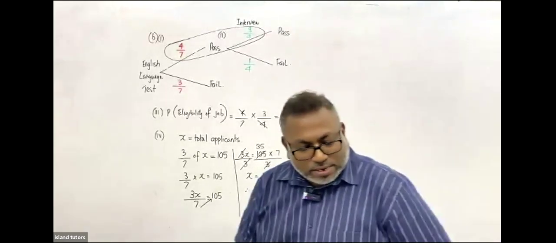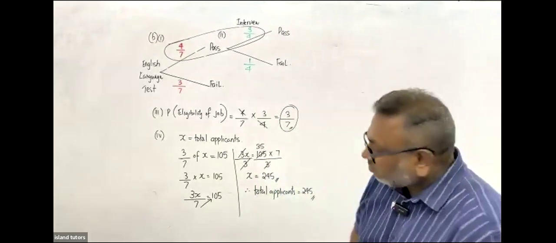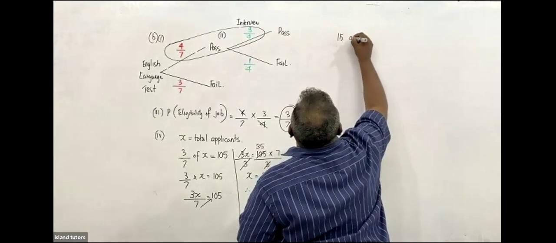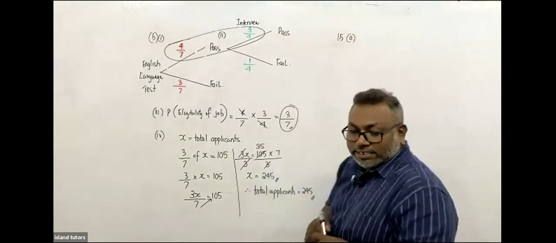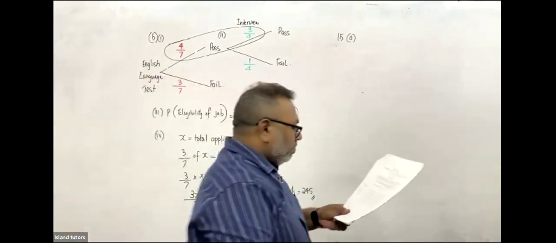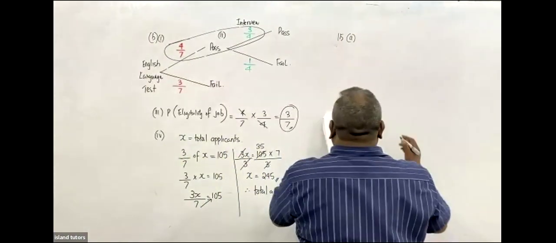Okay, right. 15th question. They are saying the length of the given triangular prism is 10 centimeters.